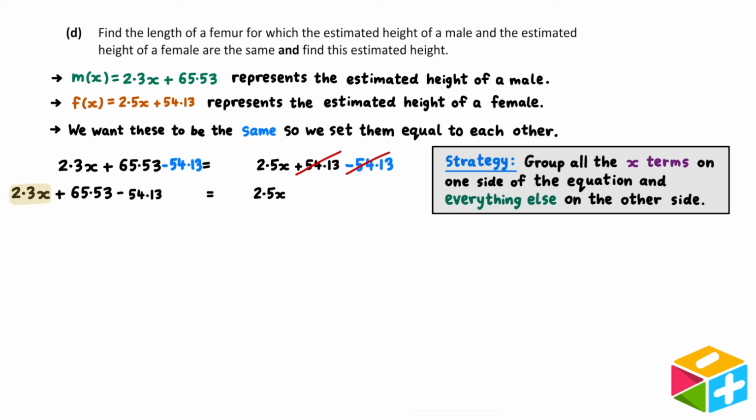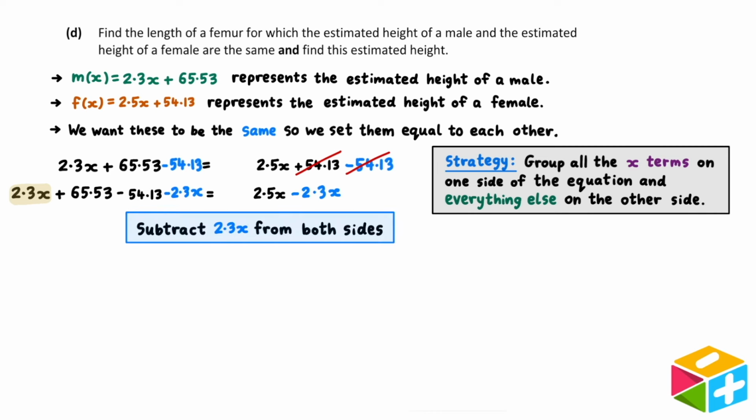Next, I'll want to remove the 2.3x from the left-hand side. This is representing addition, and the inverse of addition is subtraction. So to remove it, I'll need to subtract 2.3x from both sides.